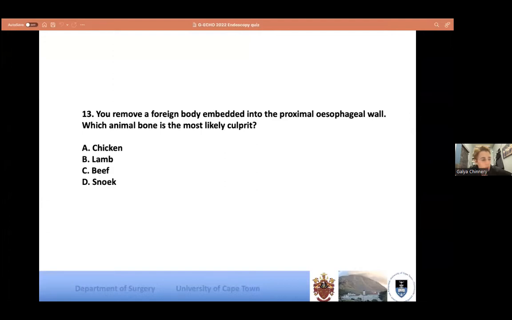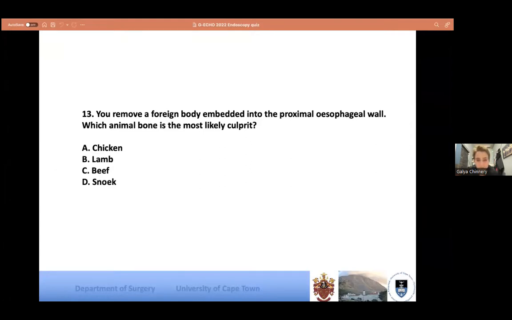And the reason behind the question is, I think it depends where you live, obviously, but we see one specific bone more often than the others. Let's see, Cheryl, what people said. Snook. Yeah, I think that's a pretty valid guess if you're sitting in the Western Cape, for sure.